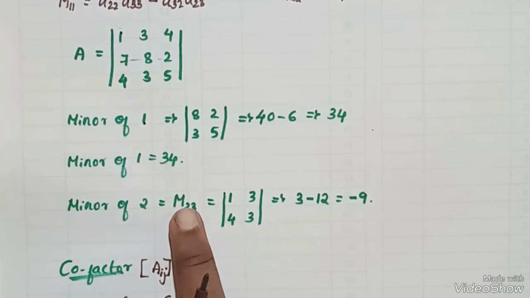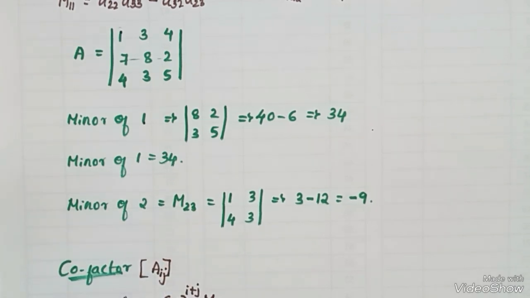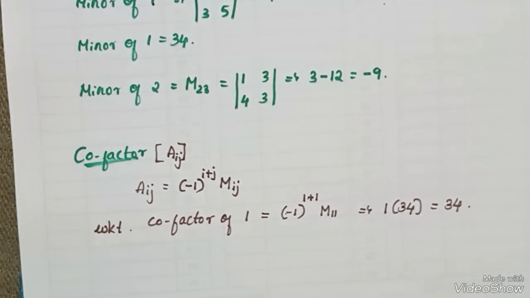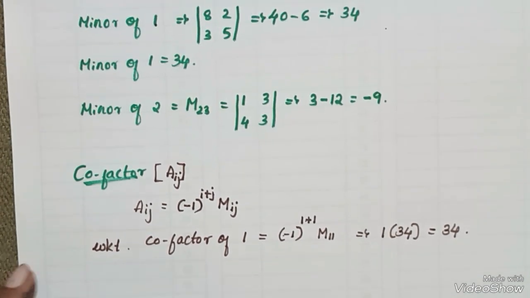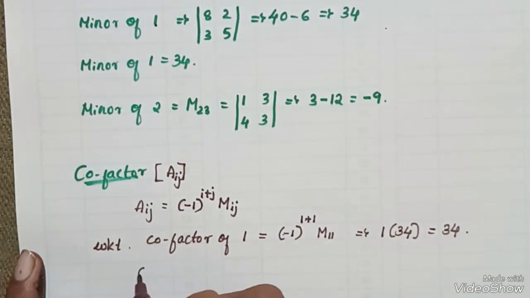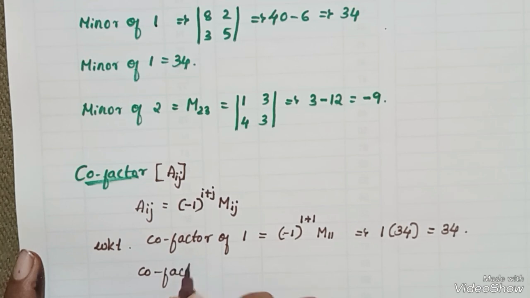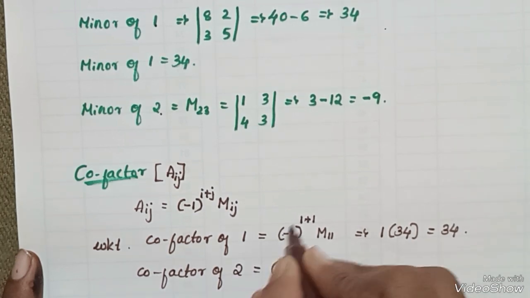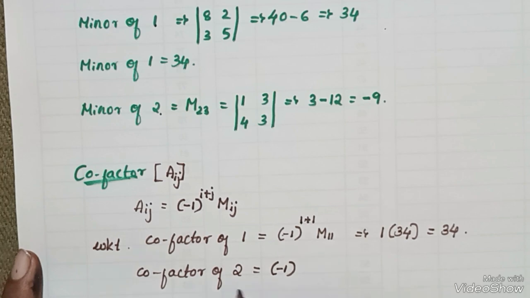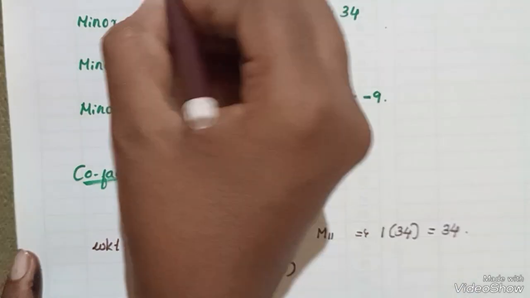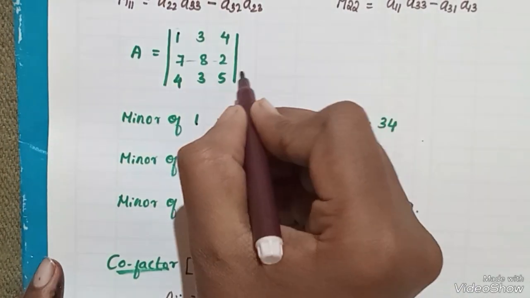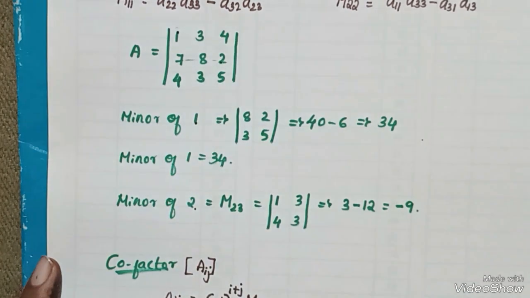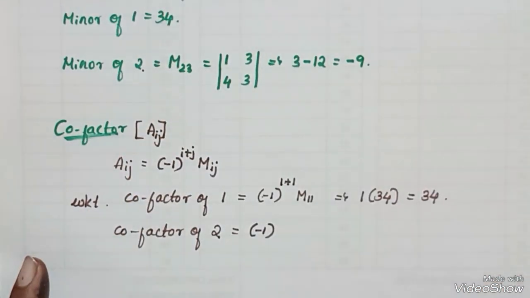Similarly for the element 2, which is in the second row, third column, that is M23.